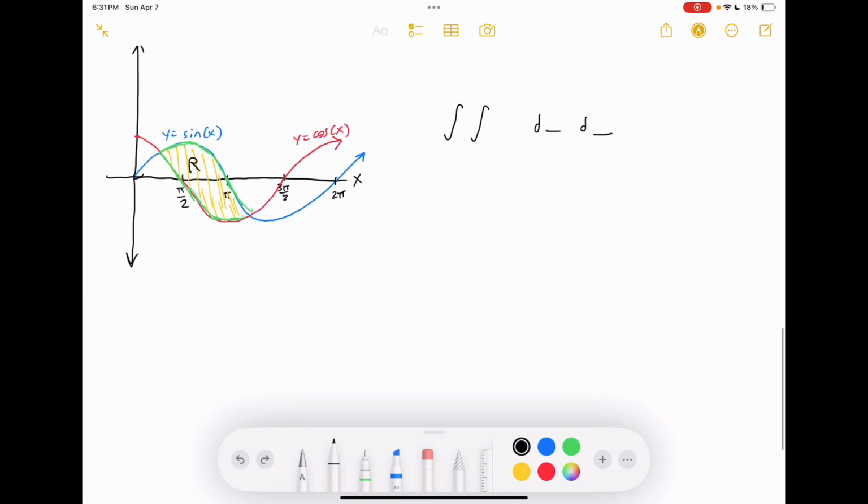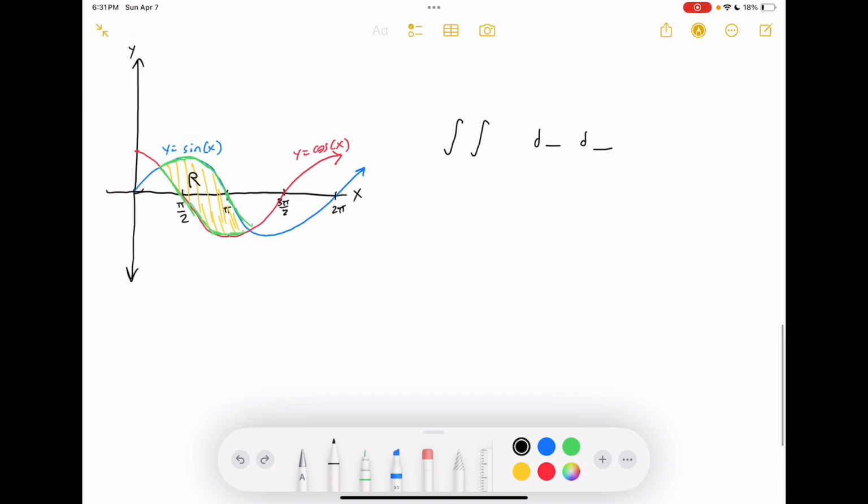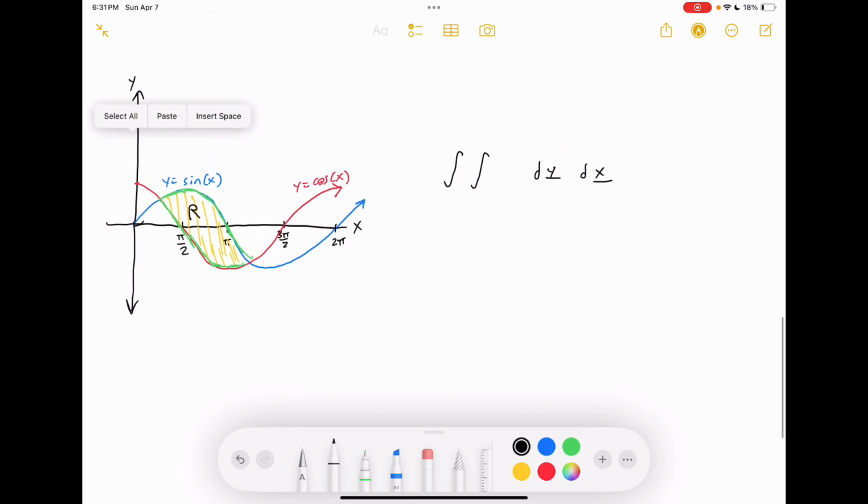So our options are this: we're given the function in two forms, right? y equals sine of x and y equals cosine of x. So if we integrate over y first, we can just use sine and cosine as bounds. If you integrate over x first, you gotta use inverse sine and inverse cosine as bounds. And personally, I don't know about you, but I would much rather integrate sine and cosine than inverse sine and inverse cosine. So we're gonna do y bounds first. So we're gonna do dy dx, because then we can just make it a bit simpler.